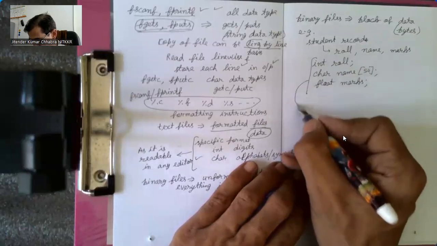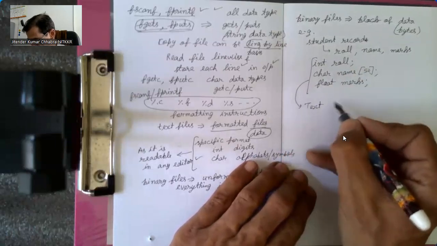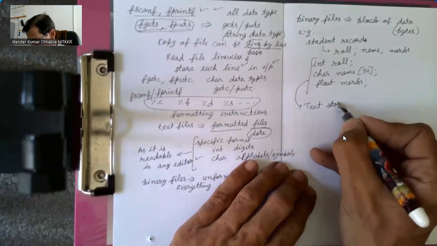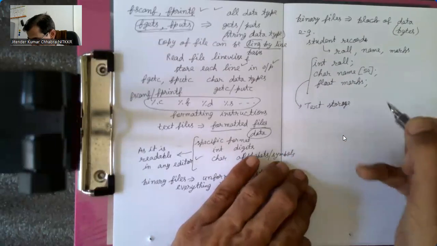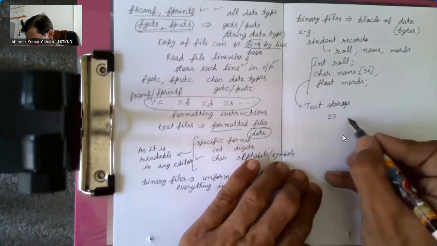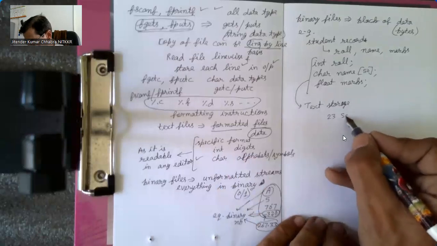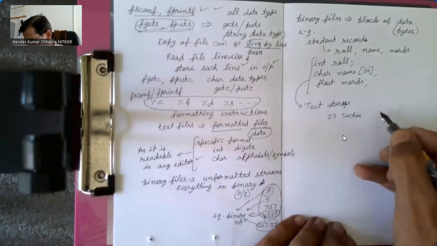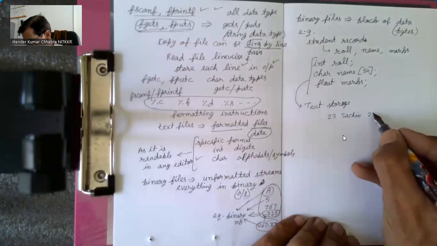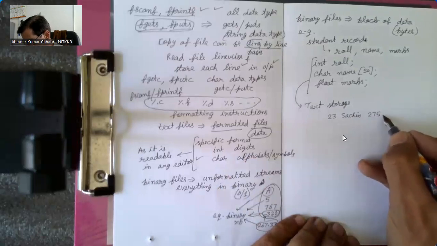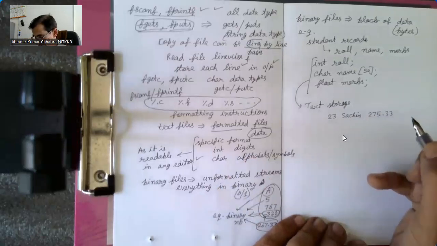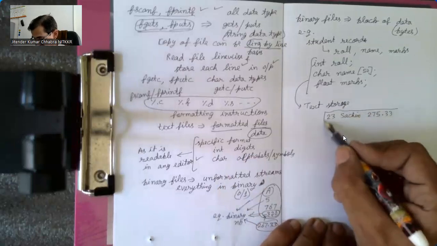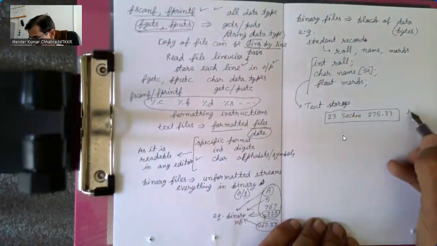Now, text storage for this will mean everything is formatted data. So if your roll number is, let's say, 23, your name is Sachin, and your marks are 275.33, it will be stored in this form in a text file.